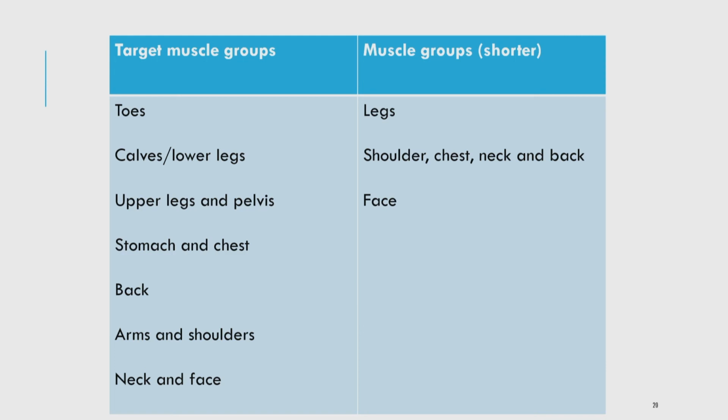Then comes our back area. The back can be tensed simply by bringing your shoulders together behind you. Like this, you can bring your shoulders together backside and tense it. Your arms and shoulders, you can just make a fist like this and tense it.